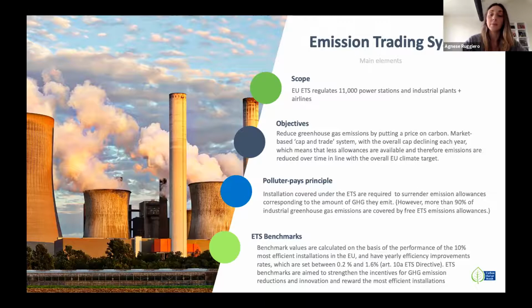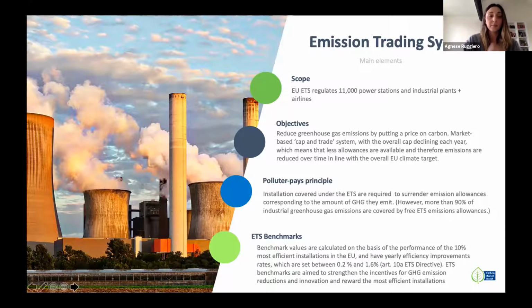They're allocated based on benchmarks that are calculated on the basis of the 10% best performing installations in the EU, and have yearly efficiency improvements, which are quite low, but still they're supposed to strengthen or incentivize emissions reduction and innovation and reward the most efficient installations. The way they're set today, they're not effective in doing so.